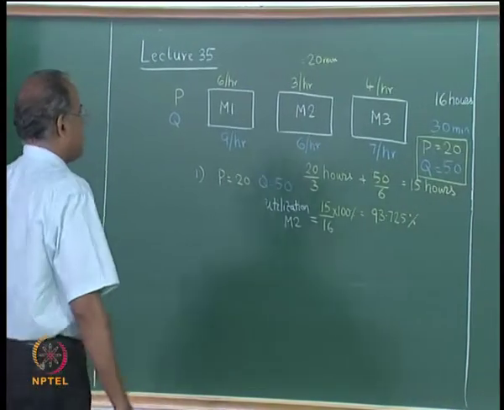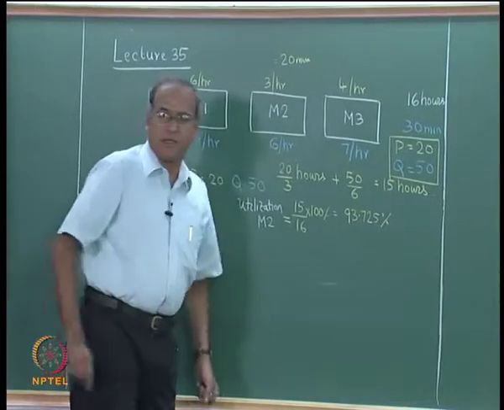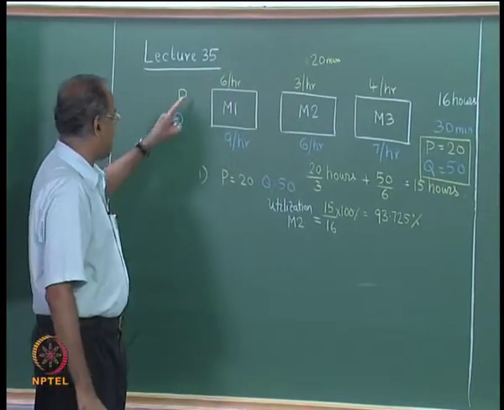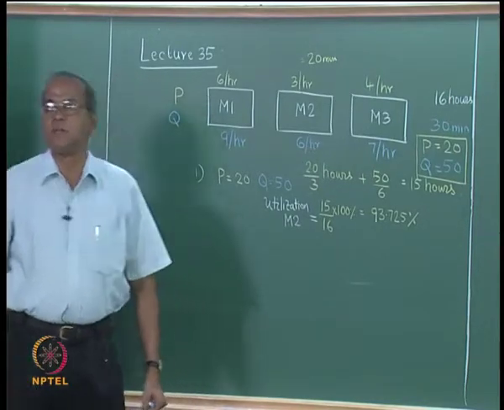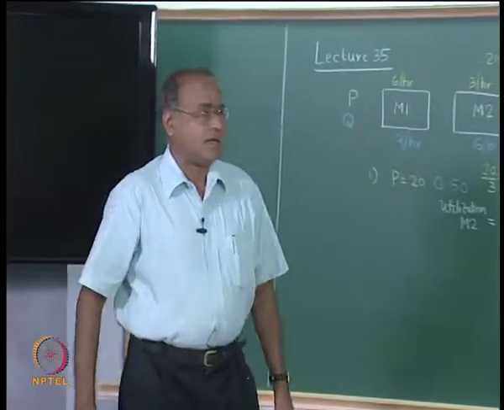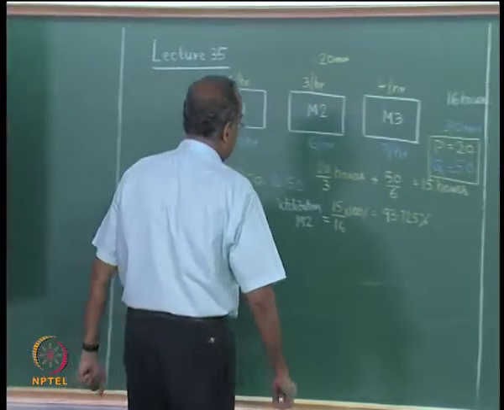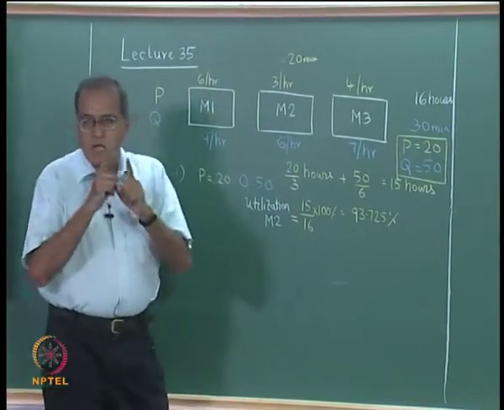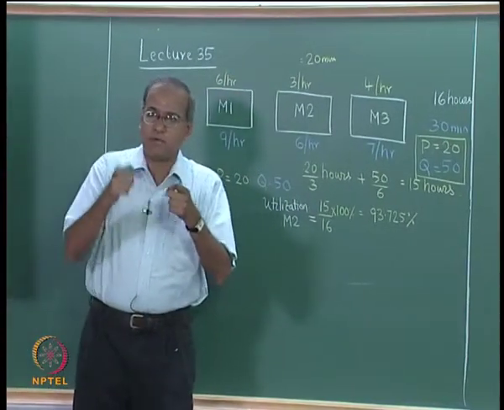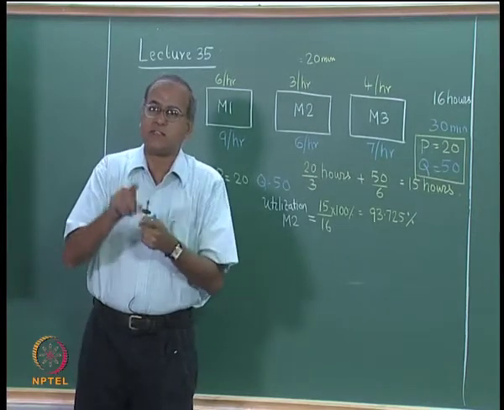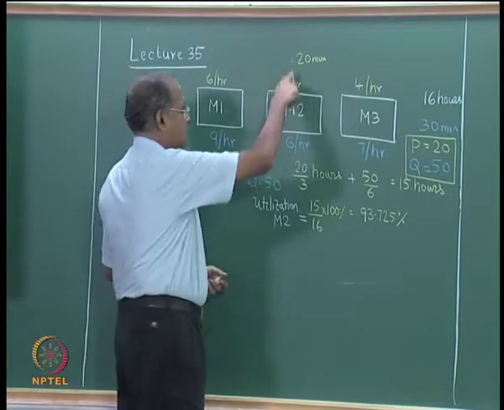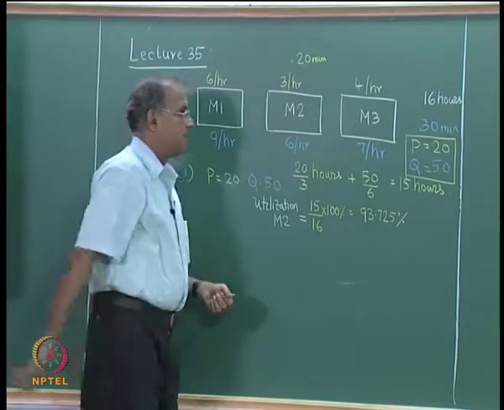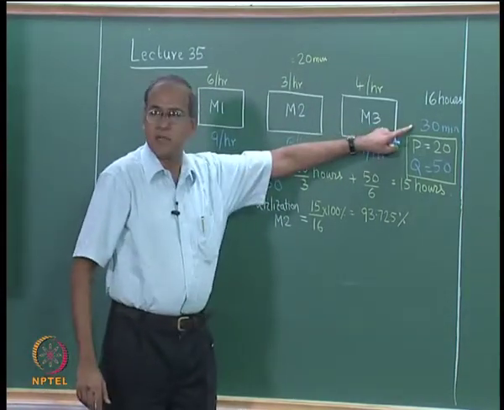We also have to take into account the changeover times between P and Q. If we assume that we are going to have one changeover from P to Q as well as another changeover from Q to P, then this is exactly the bottleneck, because changeover time is 30 minutes.